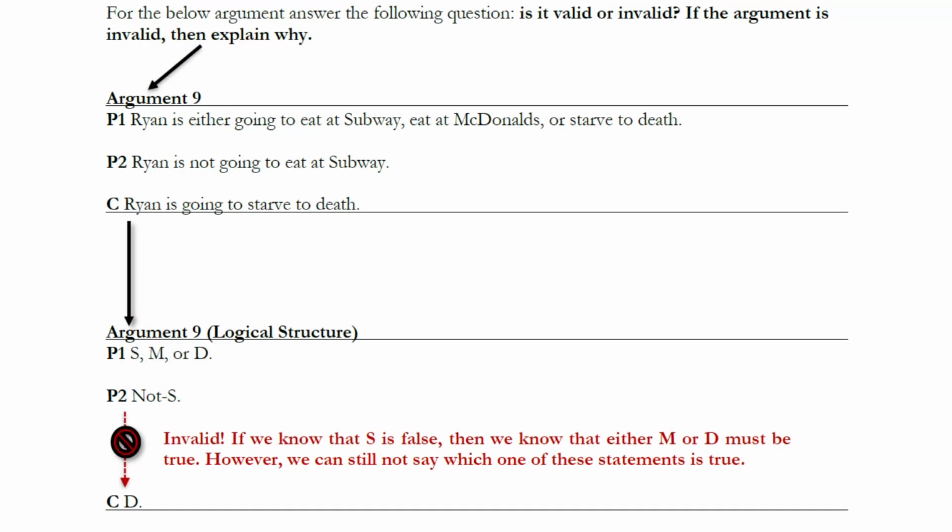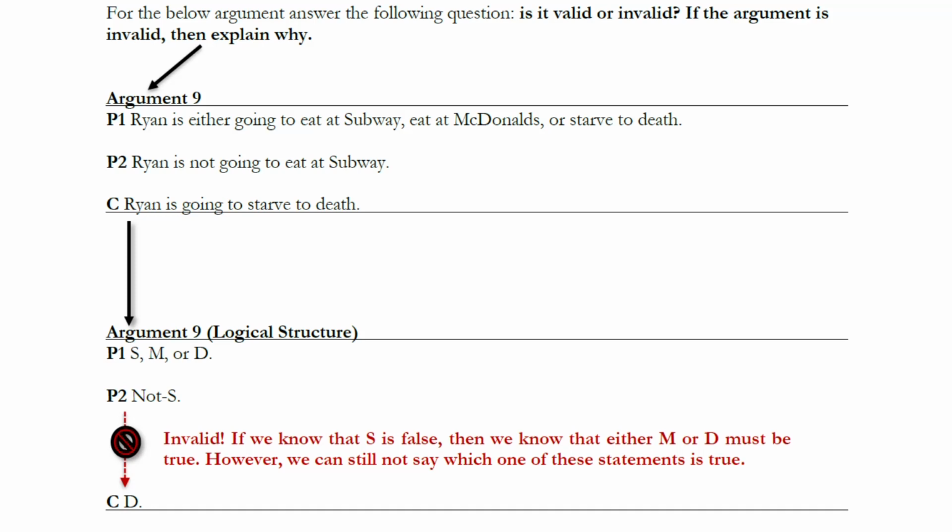Argument 9 reads, Premise 1, Ryan is either going to eat at Subway, eat at McDonald's, or he will starve to death. P2, Ryan is not going to eat at Subway. Conclusion, Ryan is going to starve to death. Luckily for Ryan, this is an invalid argument. The first premise of this argument is also an or statement, but this time we are presented with 3 different options. Ryan eats at Subway, he eats at McDonald's, or he succumbs to starvation.